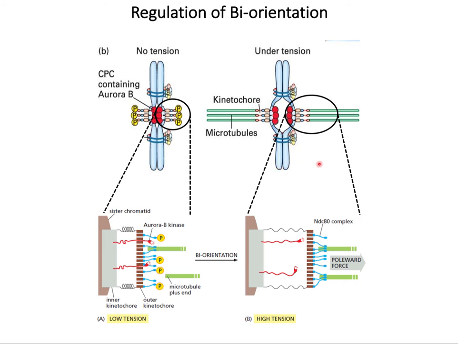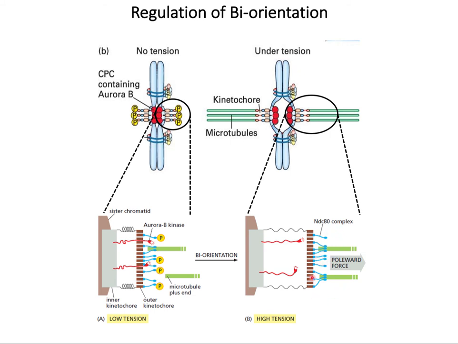And when that happens, the Aurora B kinase cannot phosphorylate the proteins within this kinetochore region. That causes the association of the NDC-80 complex with the kinetochore proteins to become very, very strong. It stabilizes the chromosome and it creates a tension. It is a very stable structure.